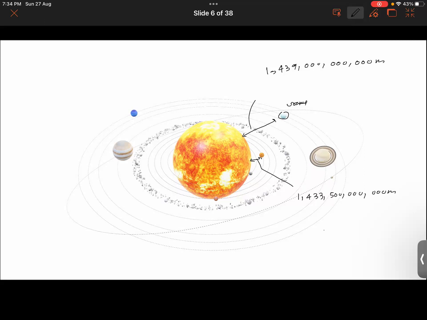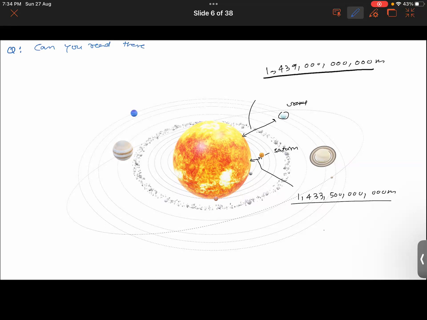Now, if you look at the distance between Saturn and Sun, this would be the approximate value. The question I'm trying to raise here is, is it convenient? Can you read these numbers properly?